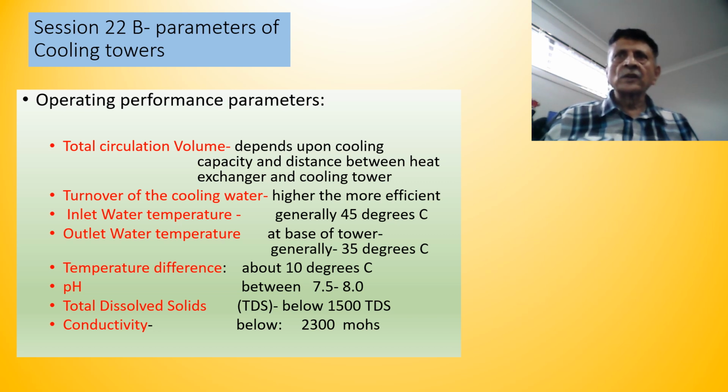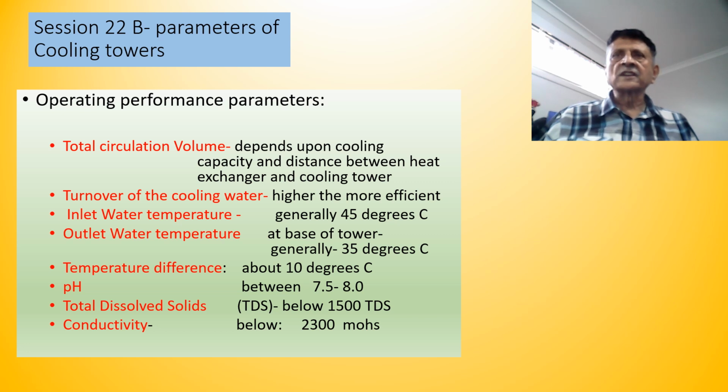The turnover of cooling water is also important. The higher the turnover, the faster the transfer of heat. And the water temperature generally will be around 45 degrees coming out of the heat exchanger, and that goes onto the top of the cooling tower.